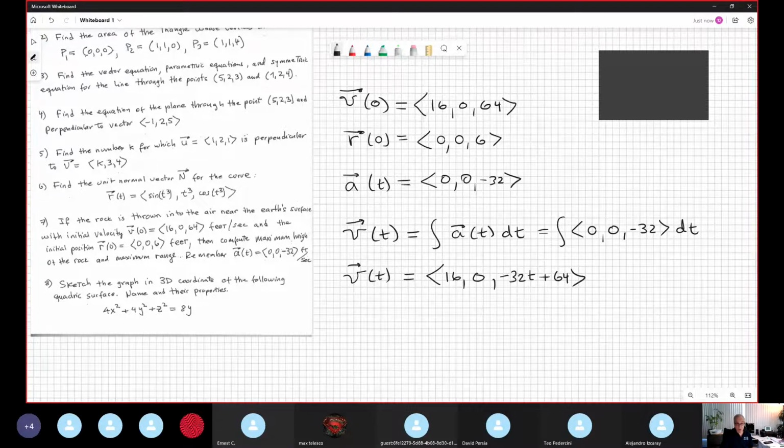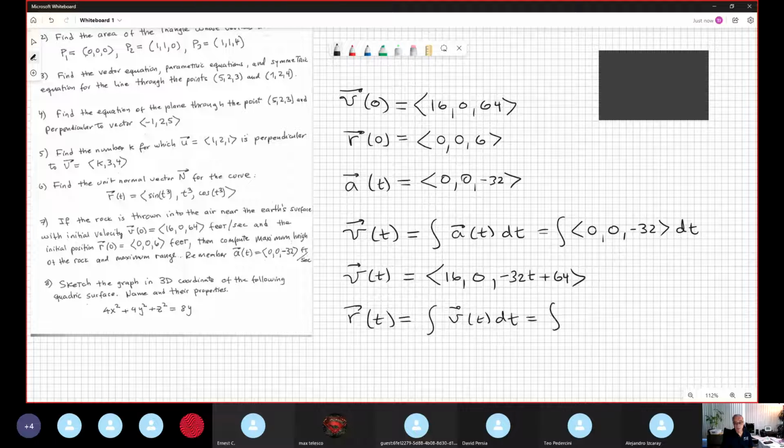Okay, it's the velocity. And for the position, one more time, you apply the antiderivative. The position at any time is the antiderivative of velocity.